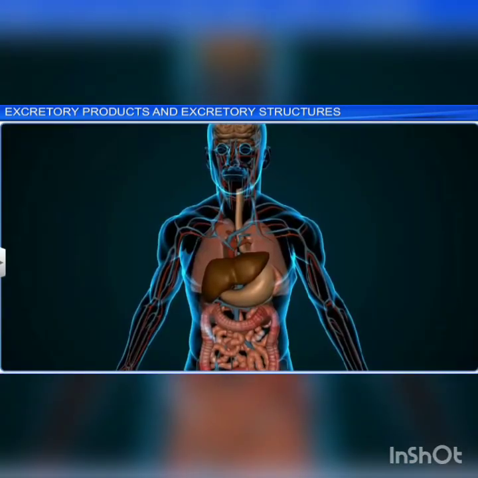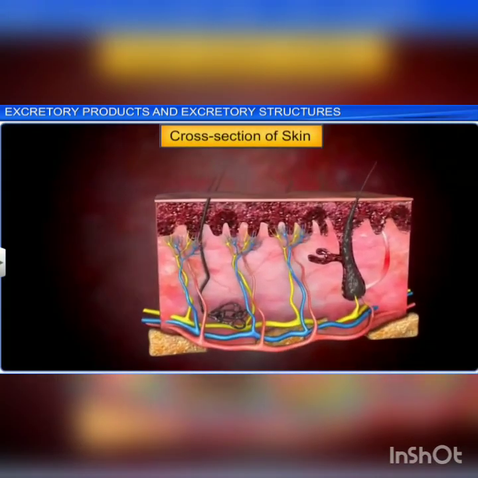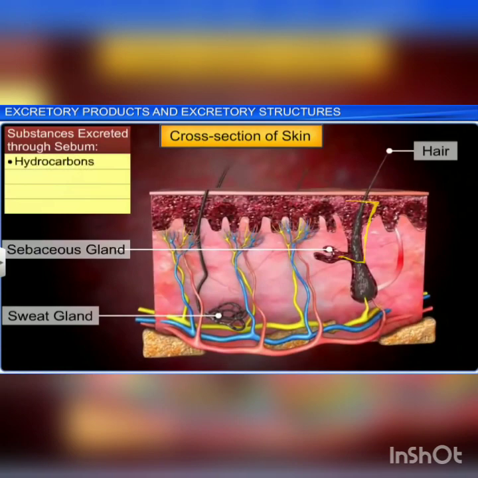Along with the kidneys, the skin, liver and lungs also help in the removal of certain wastes from our body. Our skin has sebaceous glands that secrete sebum, through which substances like hydrocarbons, sterols and waxes are excreted. This secretion, however, provides a protective oily covering for the body.